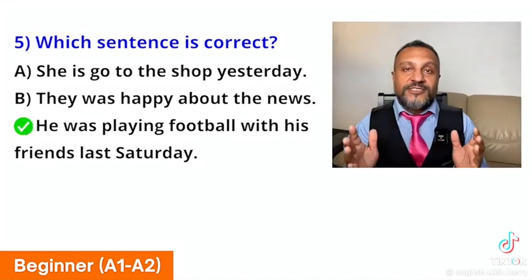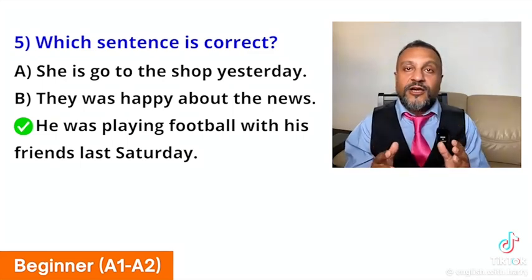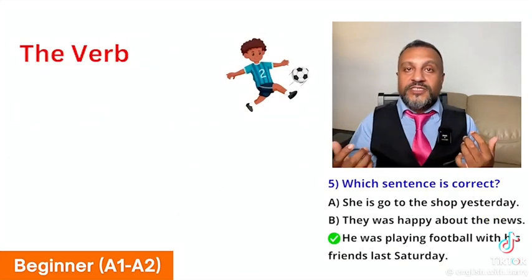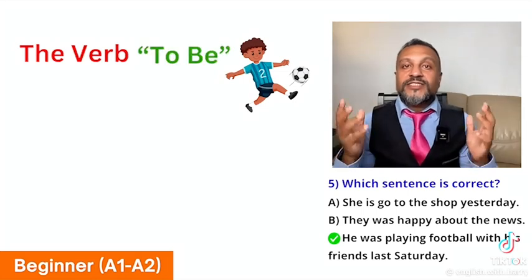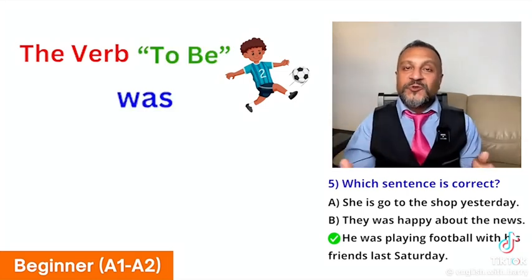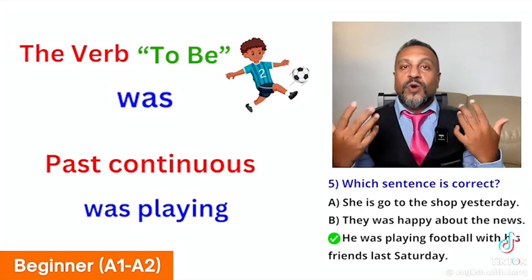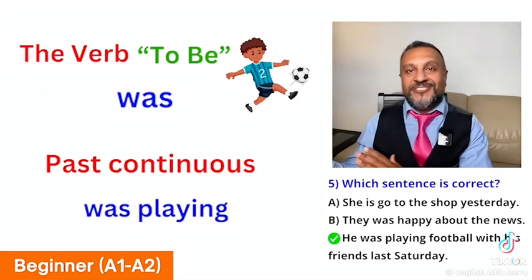The correct answer is he was playing football with his friends last Saturday. But why? C uses the correct form of the verb to be, in this case was. It also uses the correct past continuous tense of was playing. Let's try the next question.